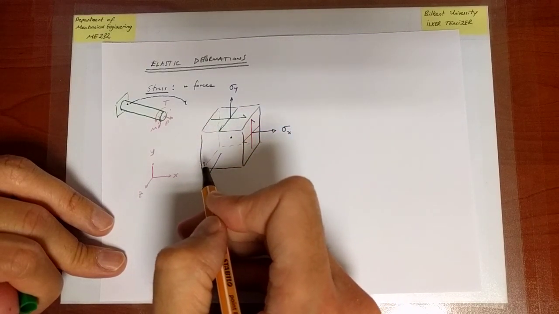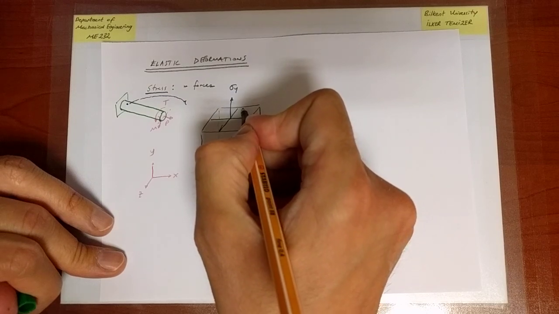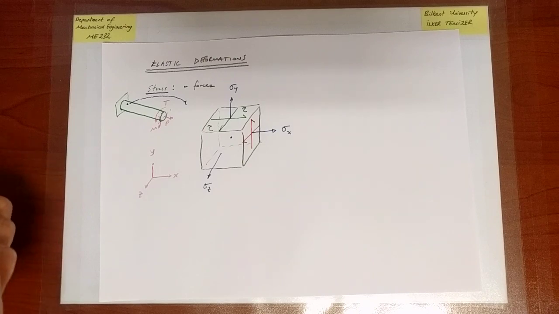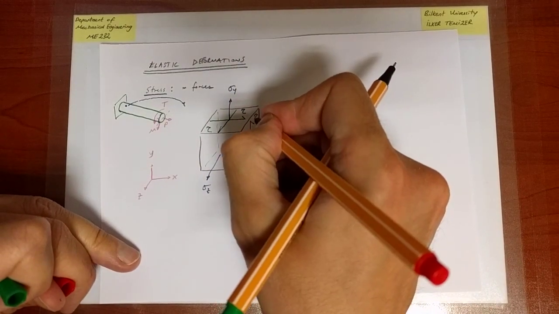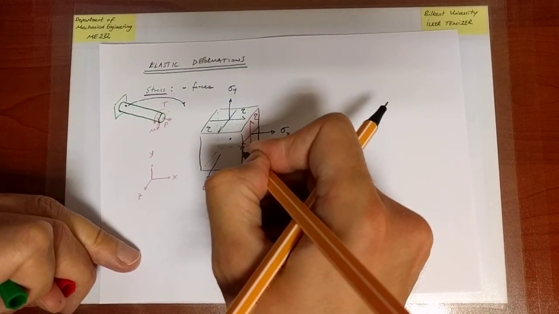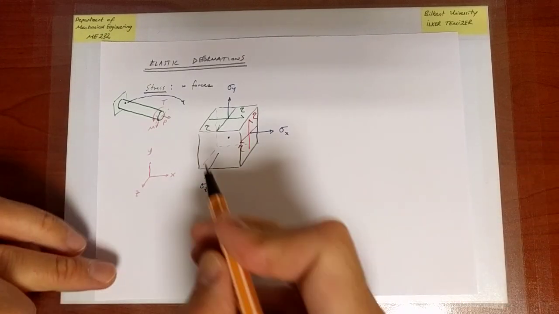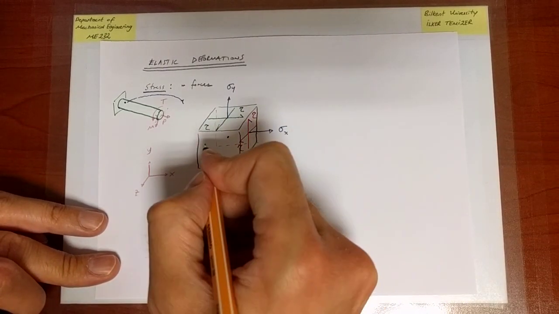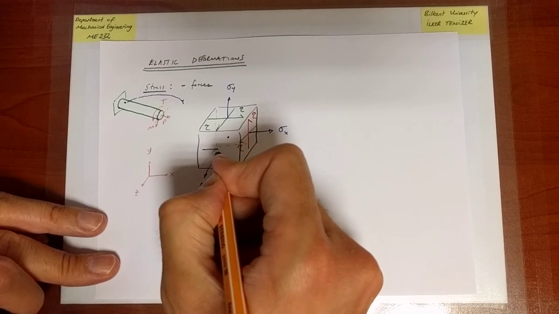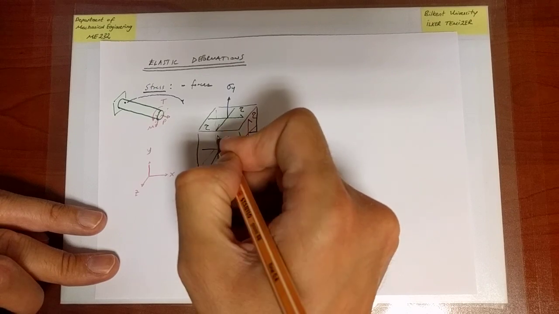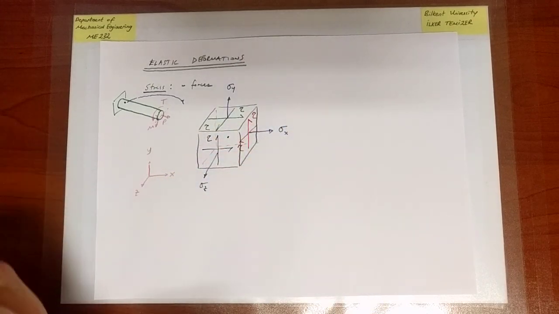At this point, let me start actually calling them tau, because that's the notation that we are going to use for shear stresses. On the plane with normal z, we will have a shear stress along that direction and also along the positive y direction. So that's another tau.